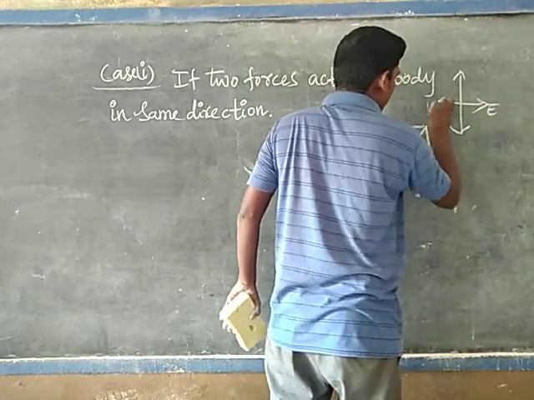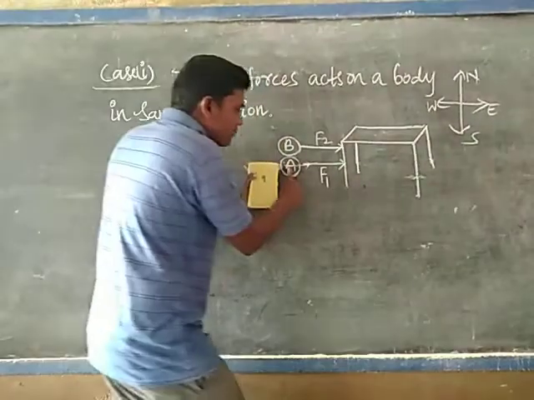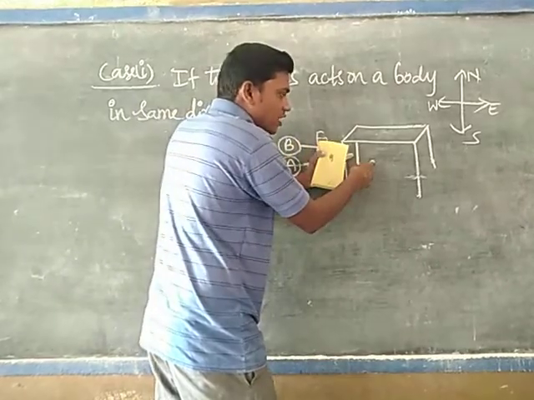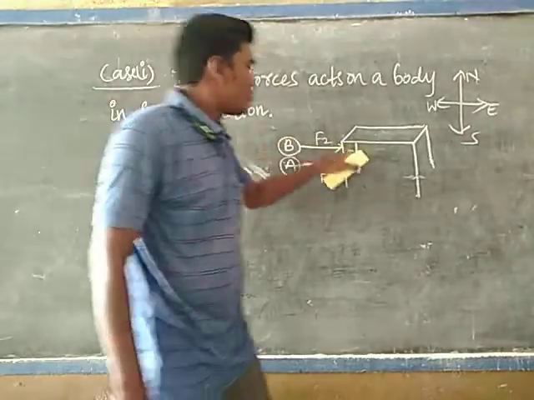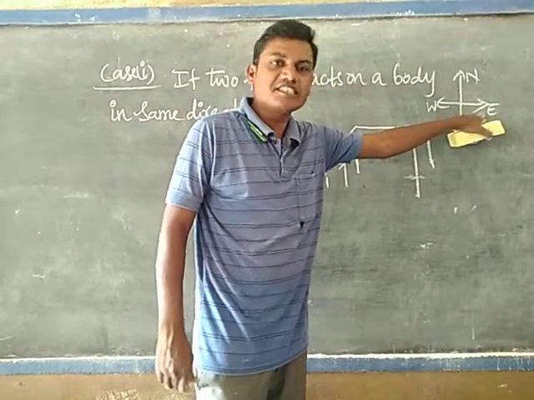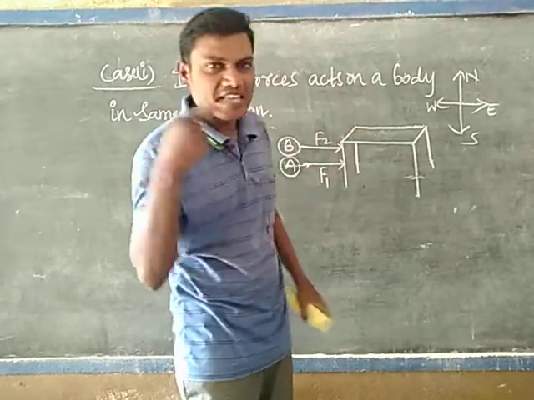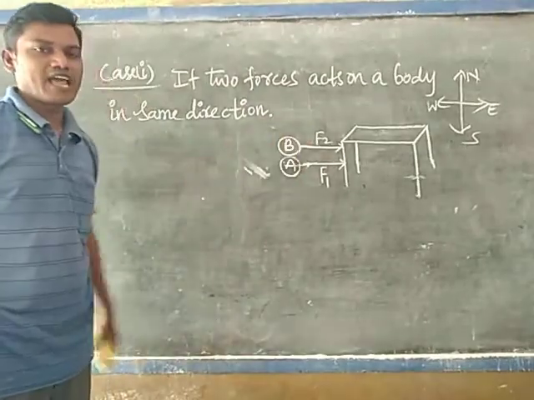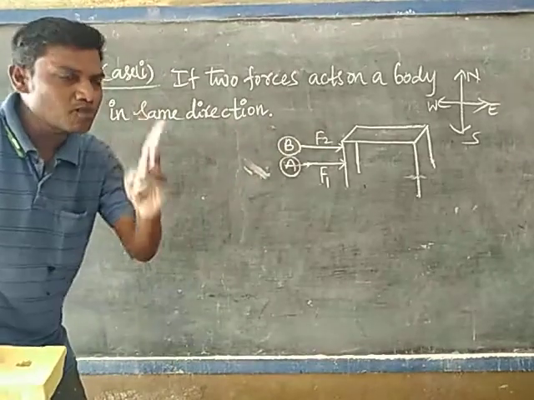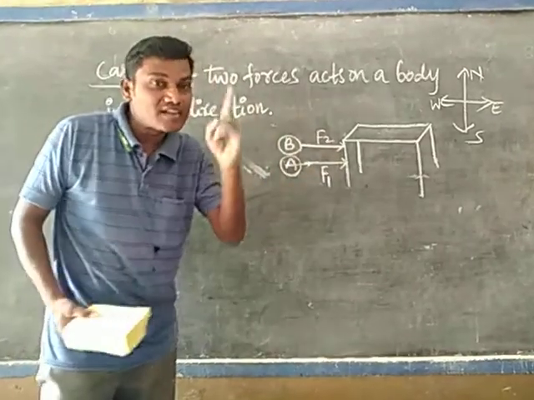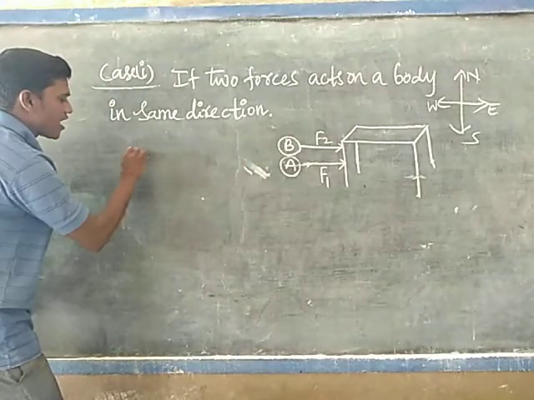According to the Earth's magnetic field, we have east, west, north, south. From this diagram, person A applies the force on the table while pushing in which direction? East. In the same way, B also pushes the table in which direction? East, the east side. So both apply the force, or both push the table, in the same direction. In such a condition, how many forces are acting on the table? 2. When 2 or more forces are acting on a body, that is called the net force. So what is the formula in this condition?